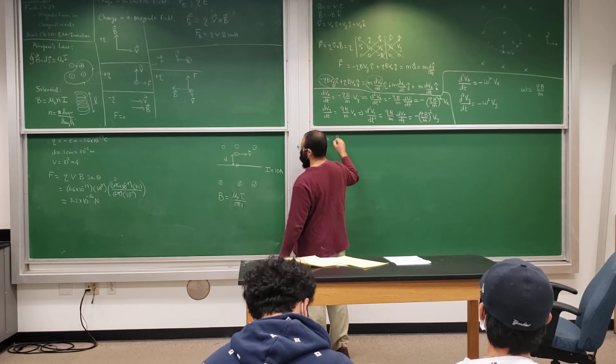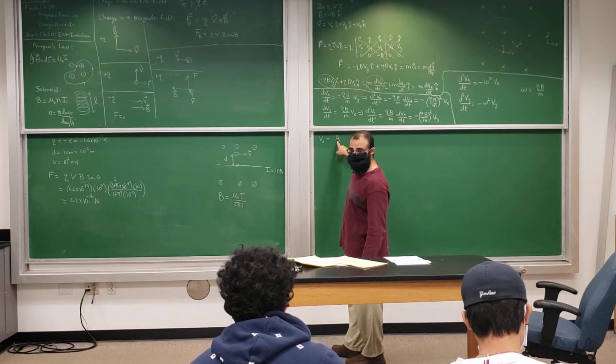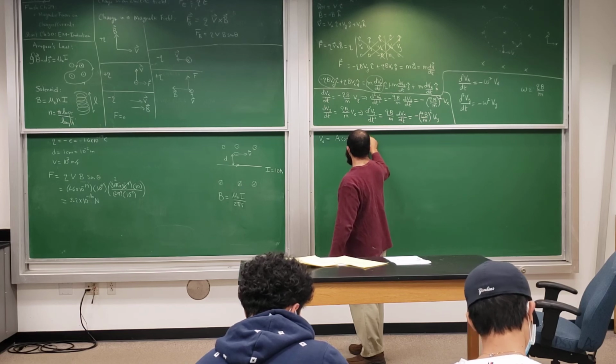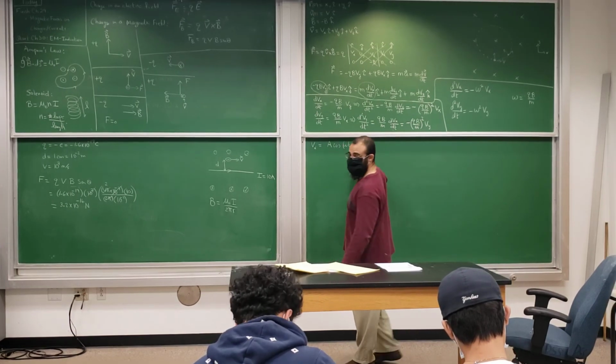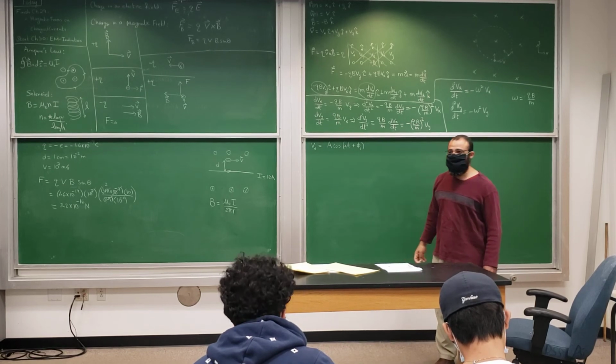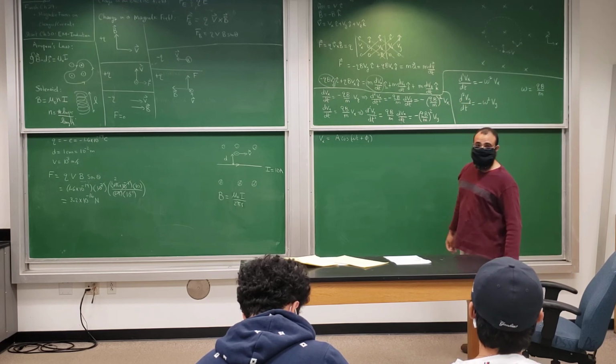It's some constant A, which I'm going to figure out, times the cosine of omega t plus phi1. This is just a phase shift, we need to figure it out. So that's the general solution to that equation.